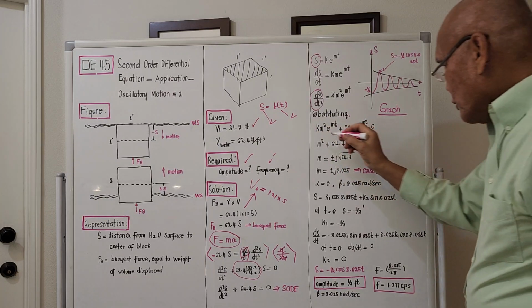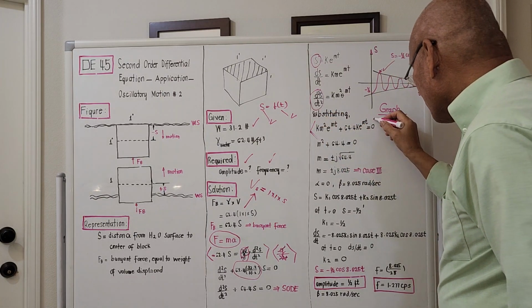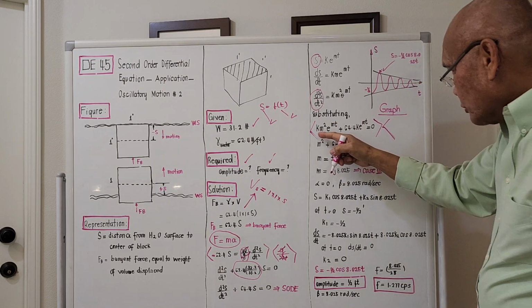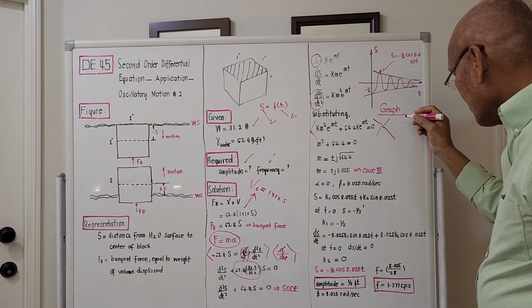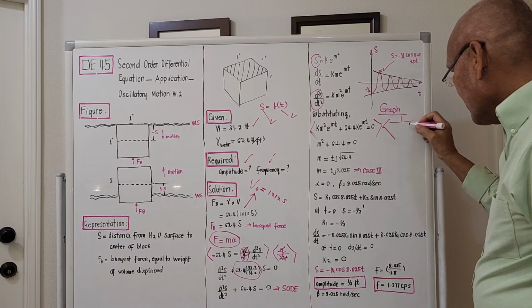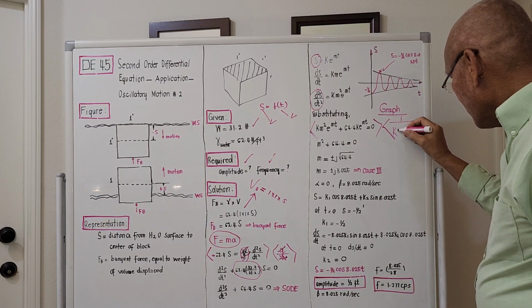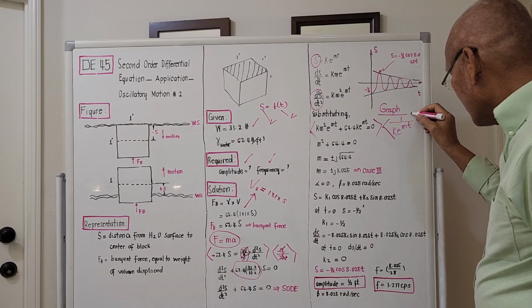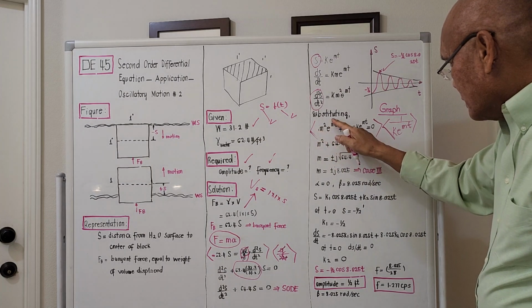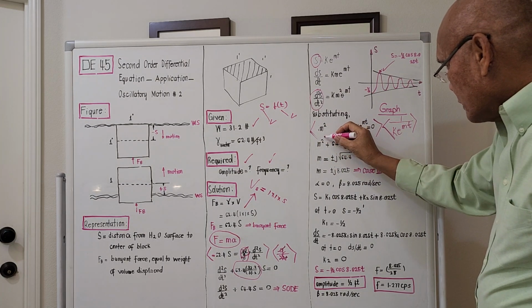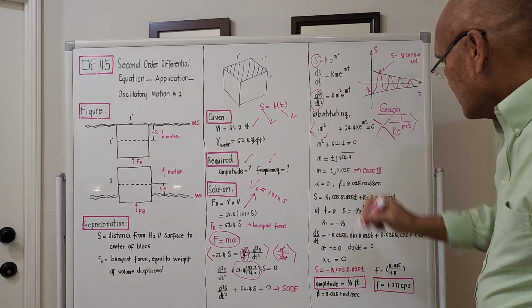If we multiply all the terms by 1 over k e raised to mt, we eliminate that factor. First part, this will disappear, and what will come out will simply be m squared.